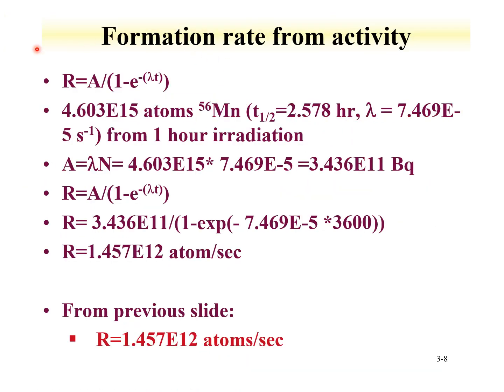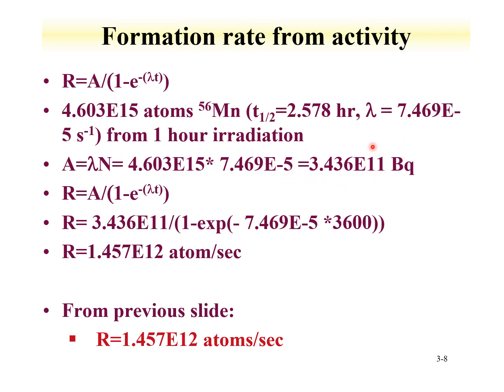We introduced this equation a few slides ago, where we can determine the formation rate based upon a measured activity and this saturation factor. So let's look at the example from the manganese-56 that we provided in the previous slide. We've gone through how we determine this value. Our activity, if I know the number of atoms of manganese-56 and the decay constant, activity equals lambda N. I have that value.